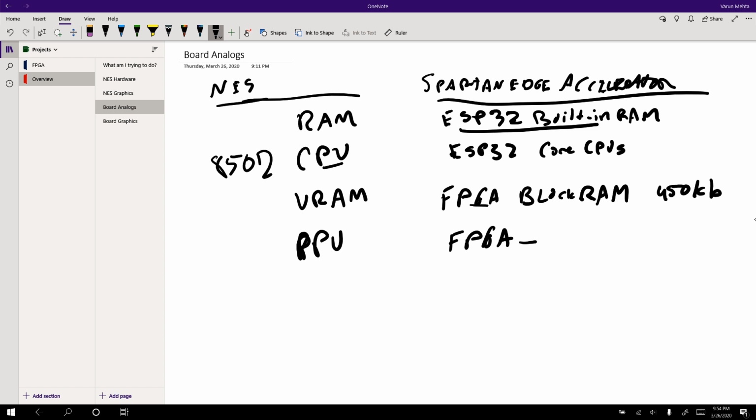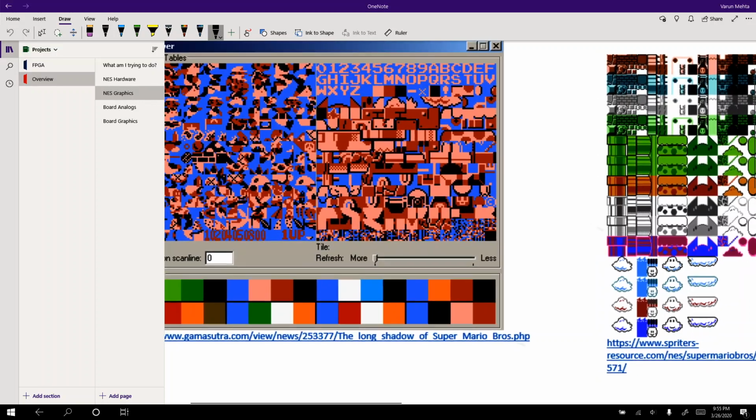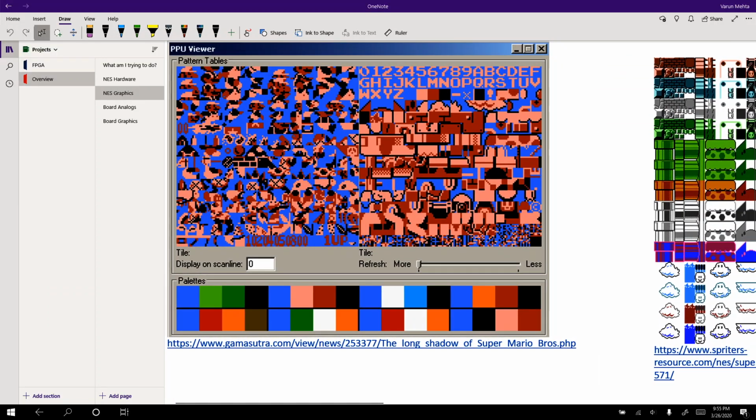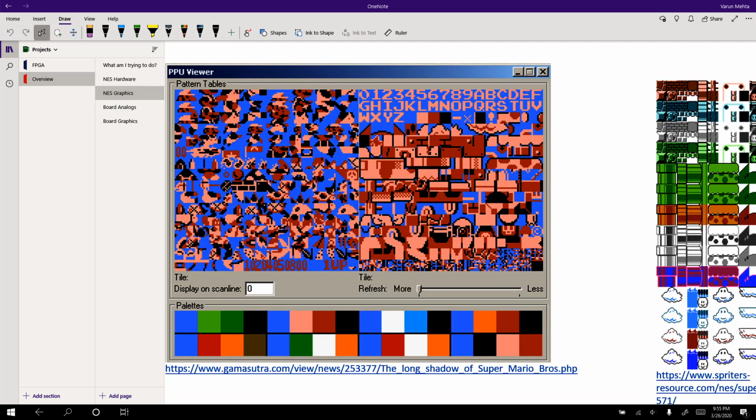All right, so kind of the final thing I wanted to talk about was graphics. So I grabbed a couple of images, and we can look at some of this a little bit. So how do I explain? The Nintendo Entertainment System and a lot of other video game systems at the time used something called sprites.